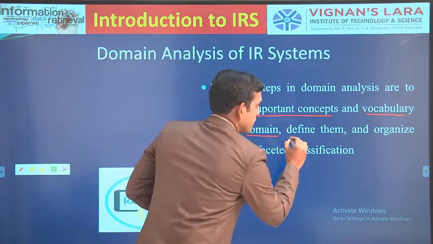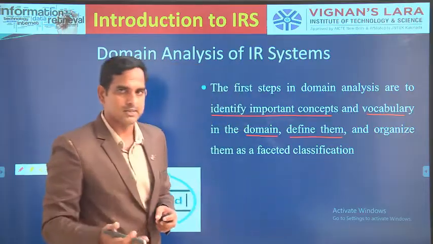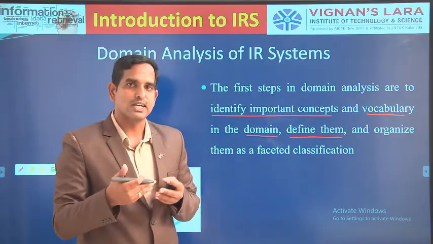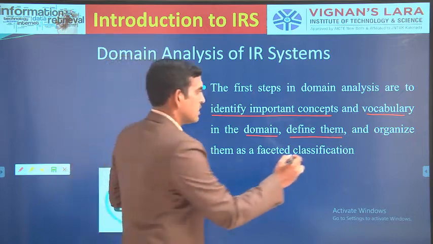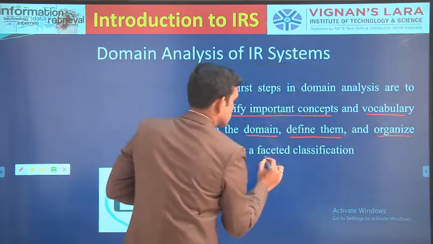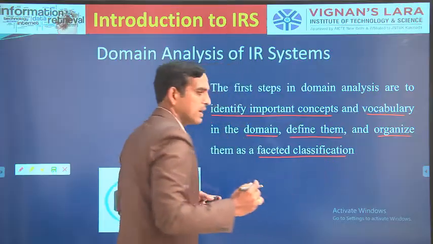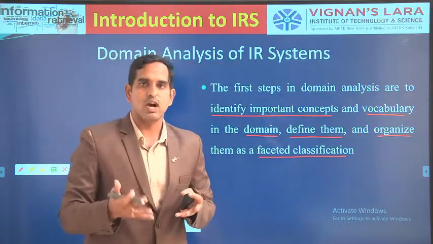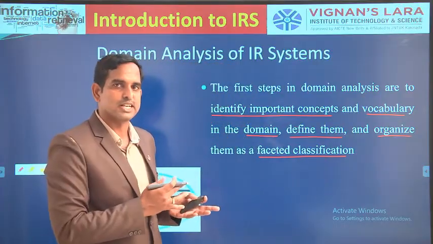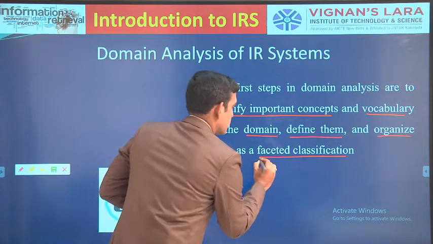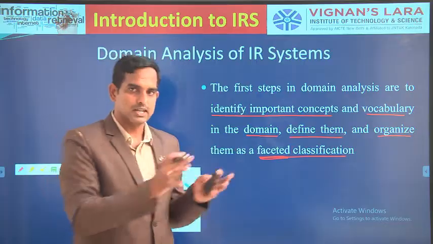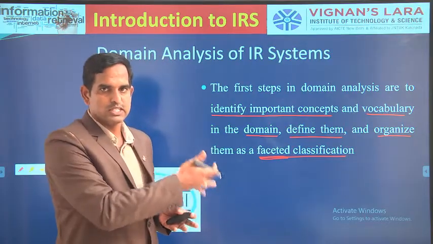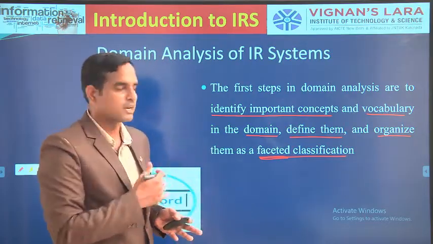You have to define them, that is, what is a particular term and what is the meaning of this term in the information retrieval context, and organize them in a faceted classification. You will have various terms to understand in an information retrieval system. Each term we will call a facet here. Each facet will have one particular thing. We'll look at these facets in the next slides.